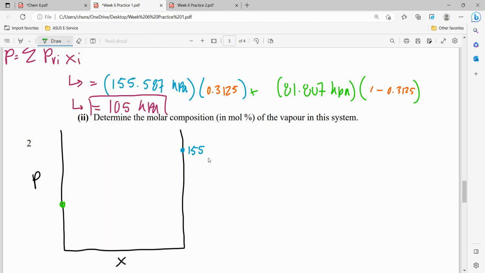And for our decane, we found that it was about 81. So if we were to join these, it looks like that.